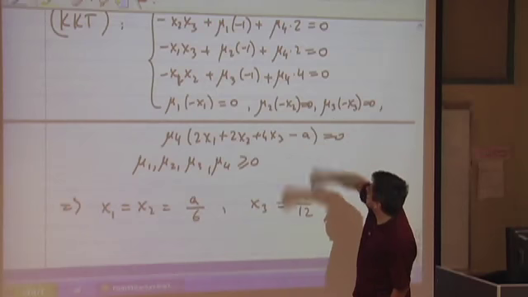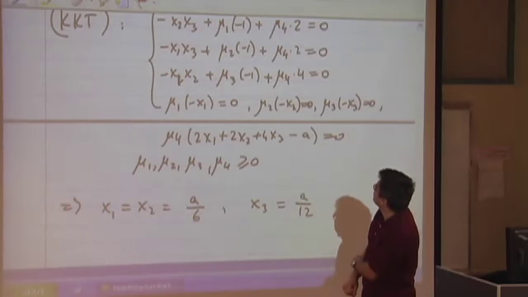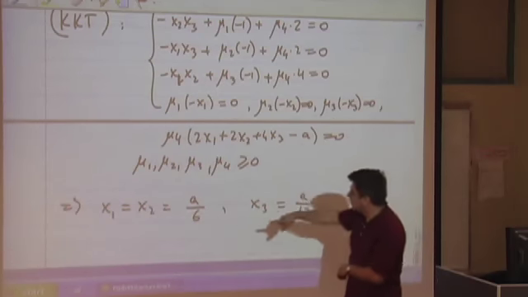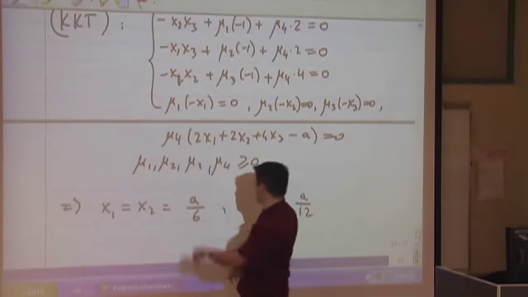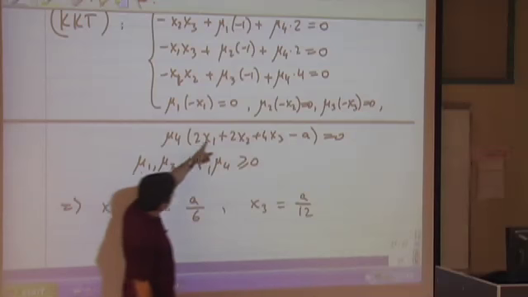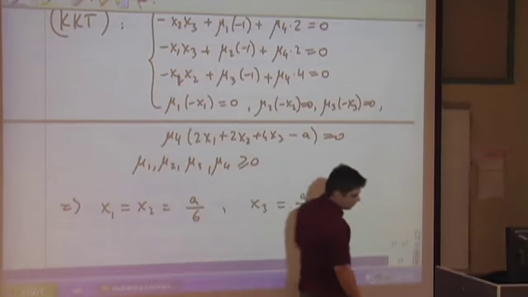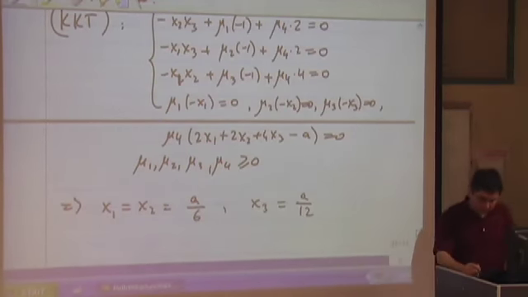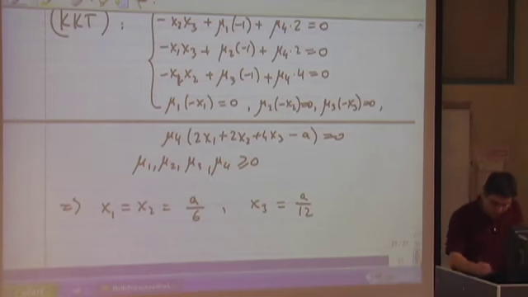Then you get basically x2 equal to x1, and x3 is half of x1 and x2. And I think plugging back in here, you get the values for the mu's, for the x1, x2, x3.